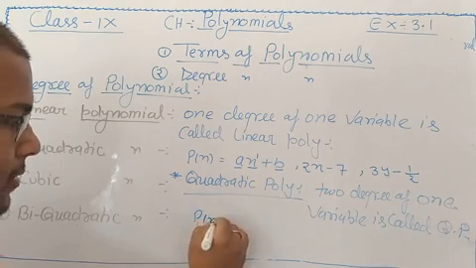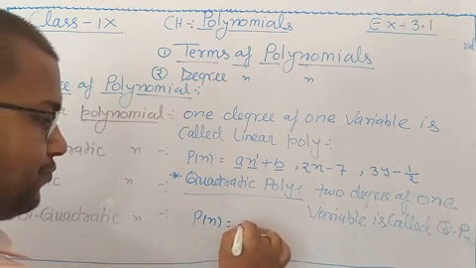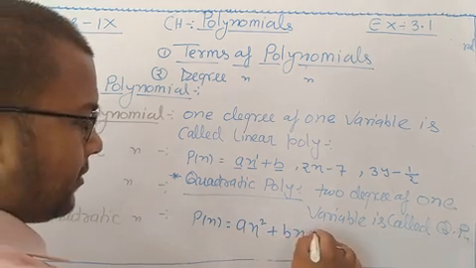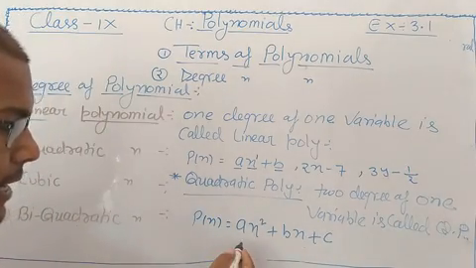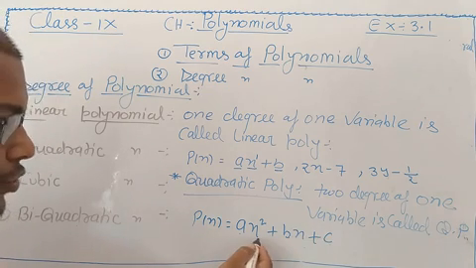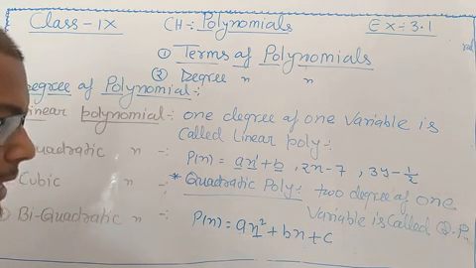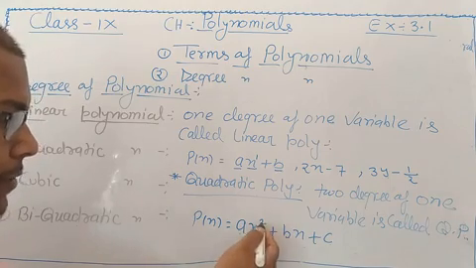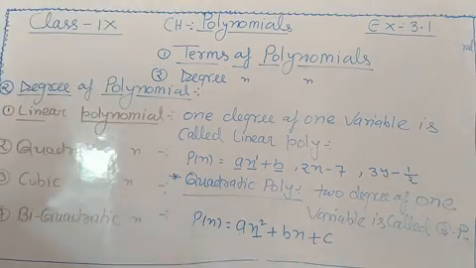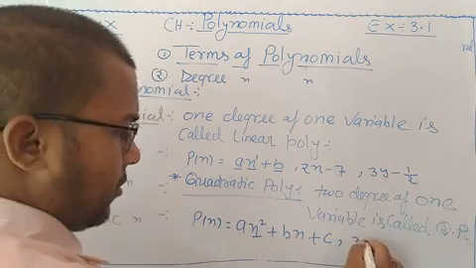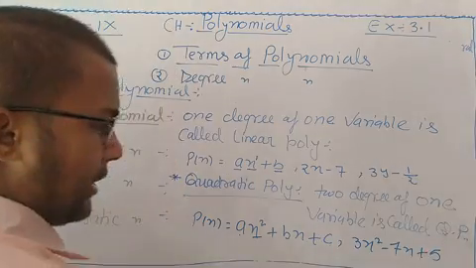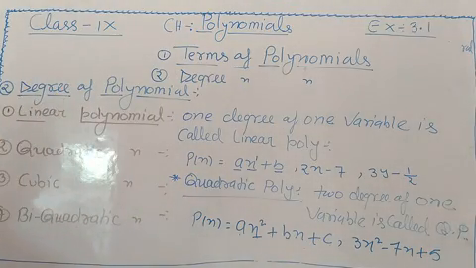For example, p(x) = ax² + bx + c. A, b and c are constants. There is only one variable, x, with power 2. So two degree and one variable defines the quadratic polynomial. 3x² − 7x + 5 is also a quadratic polynomial.